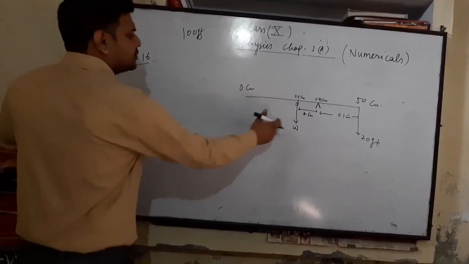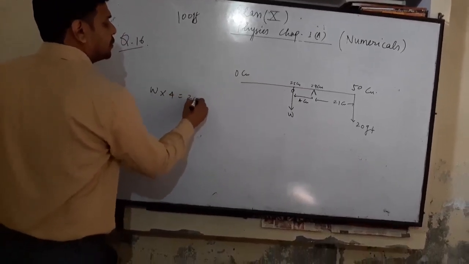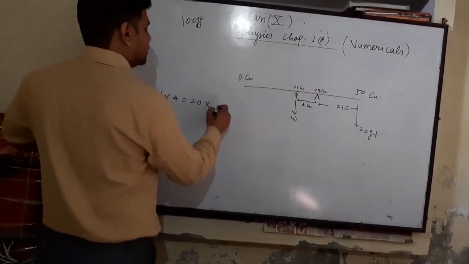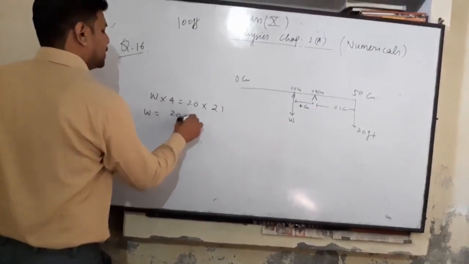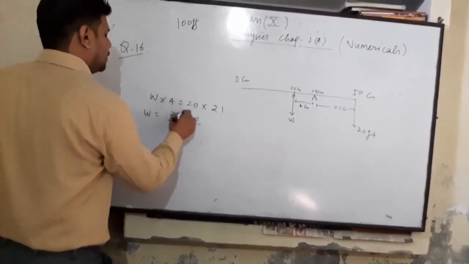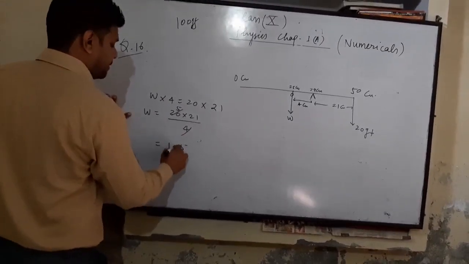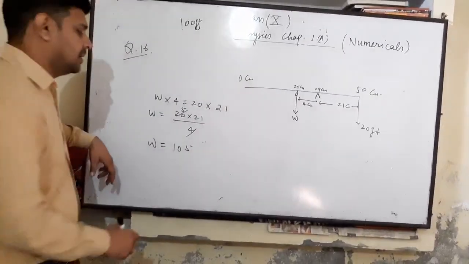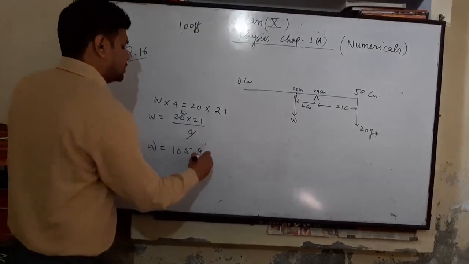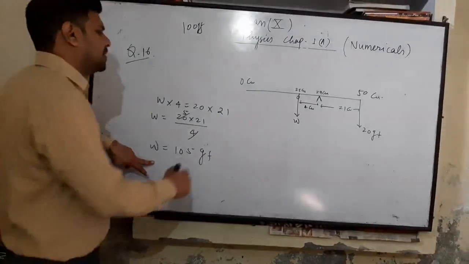So, anti-clockwise moment is W into 4, equal to 20 into this one, 21. W is equal to 20 into 21 by 4. W is 105 gram force. It is the weight of the rule.